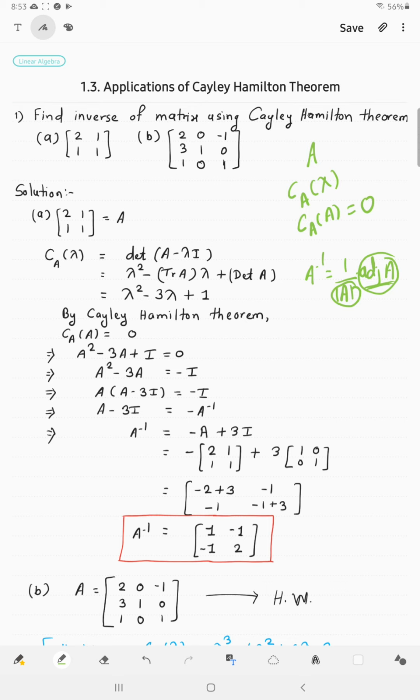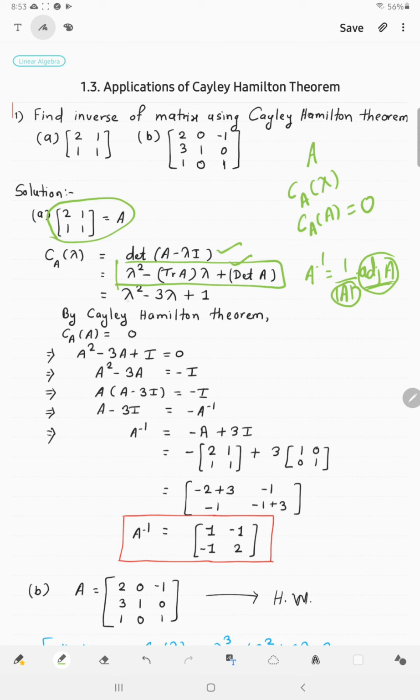First example. Let A equal to [2 1; 1 1], this matrix. The characteristic polynomial is determinant of A minus lambda I. Now for any 2 by 2 matrix you can use this formula directly. This and this both are the same for only 2 by 2 matrices.